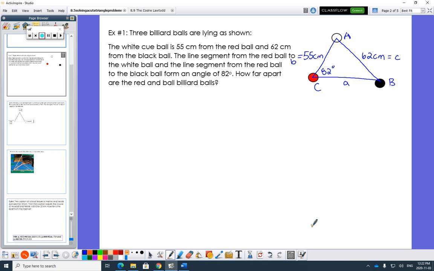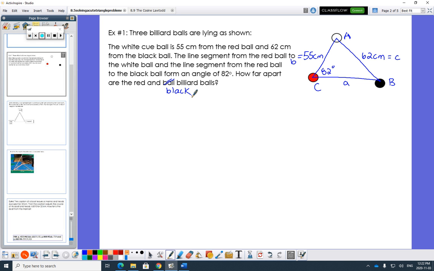And then we want to find how far apart are the red and the black. The black billiard ball.